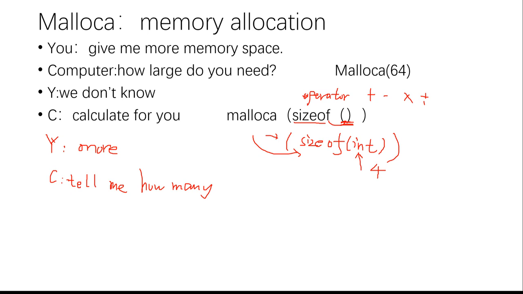So you can use the multiply. You can just use a number, for example 80, multiply the sizeof int, and that's some malloc. So you tell the computer that you need 80 of the size of int.